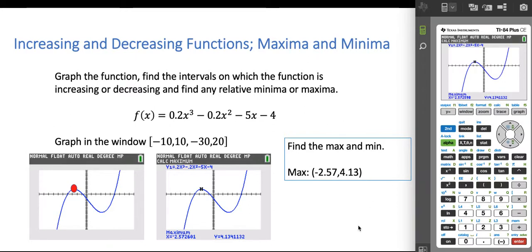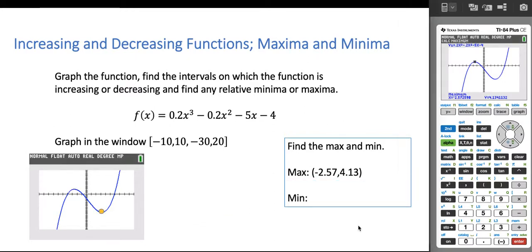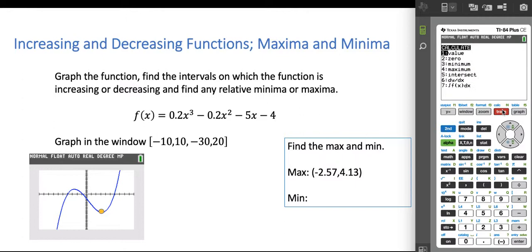All right, let's do that again, but let's do that by finding the minimum. So we're going to go through this again. Second calc, we want the minimum, that's number 3. So we're going to get to the left. Remember, this is the minimum. So we need to get to the left of that point. That's close enough. We're clearly to the left of it. Press enter.